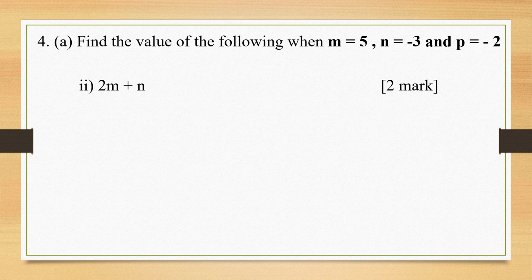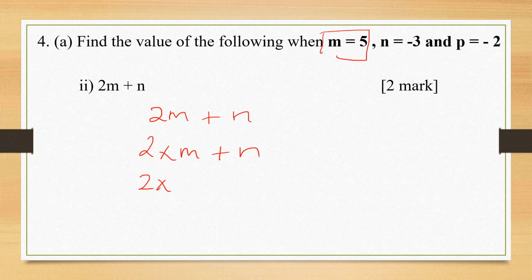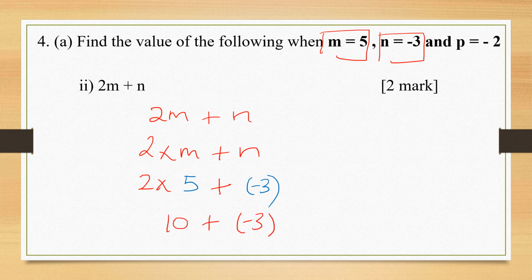For part 2, 2m plus n. So that is 2m plus n, which means 2 times m plus n. Now 2 times m, m is 5, and n is -3. That is equal to 10 plus -3.